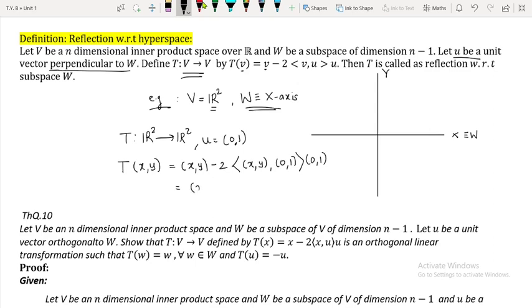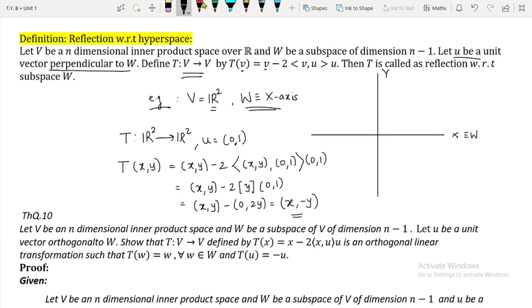If you simplify it, (x,y) minus twice, so what will be this inner product? x multiplied by 0 is 0, plus y multiplied by 1 is y, and this is (0,1). If you simplify it a bit, it will be (x,y) minus, if you put that 2y inside, (0,2y), which is equal to what? x minus 0 is x and y minus 2y is minus y.